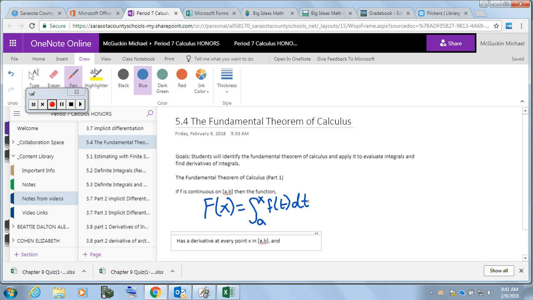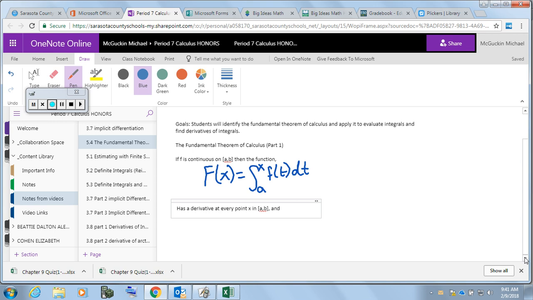This function will now have a derivative at every single point for a value of x across the interval a, b. So it can be differentiated at every single value of x. We should have no problems taking the derivative at any of the values of x from a to b.